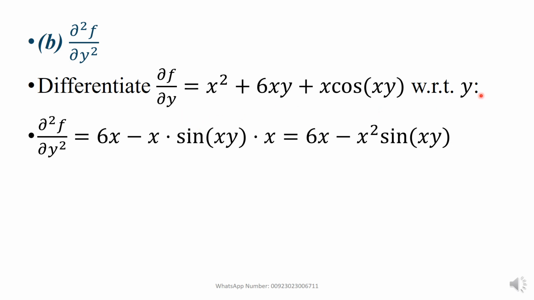The derivative of x squared with respect to y is 0. Plus, the derivative of 6xy with respect to y is 6x. Then for x cos xy, x is a constant; the derivative of cos is minus sin, and the inner derivative with respect to y gives x. After simplification, you get the answer.